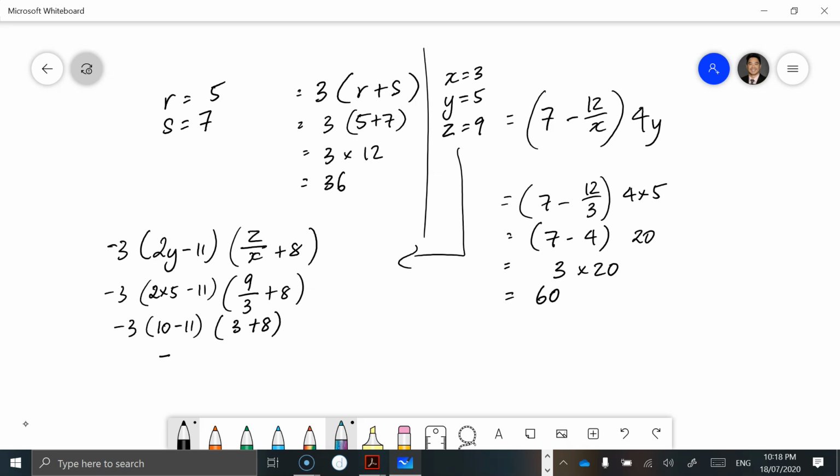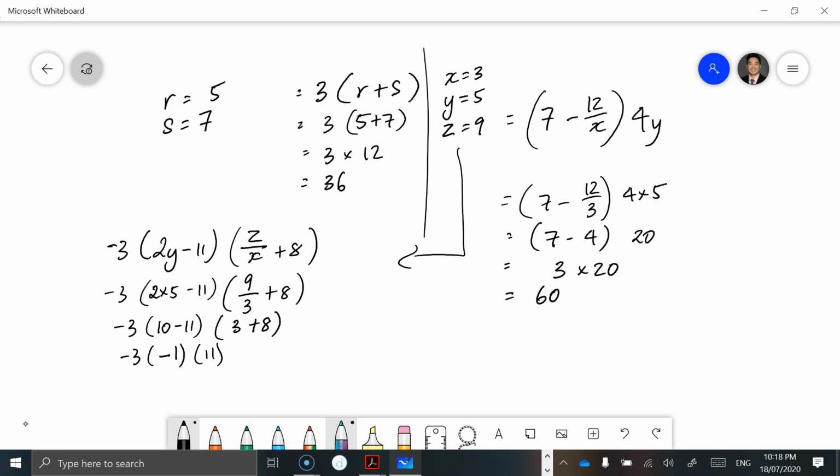Oh, actually, I skipped. No, I didn't skip anything, that was good. So minus 1, and we've got minus 3. I'm just going to put those brackets there for the moment. And then we've got 3 plus 8, which is 11. I'm going to put that in brackets.